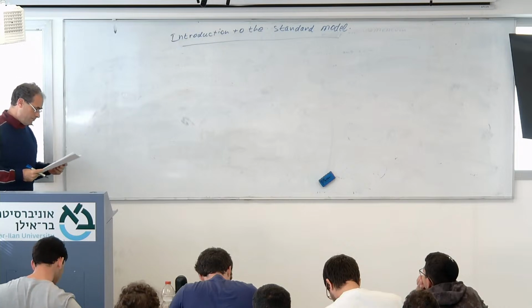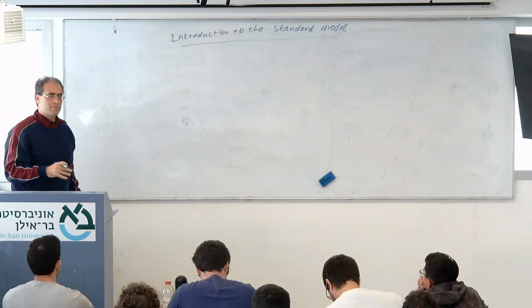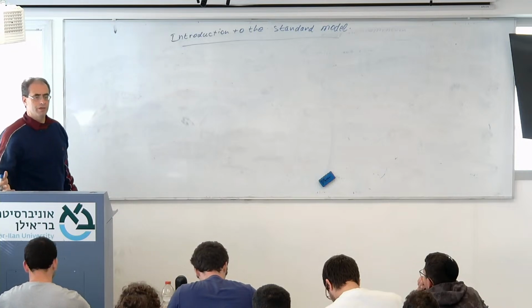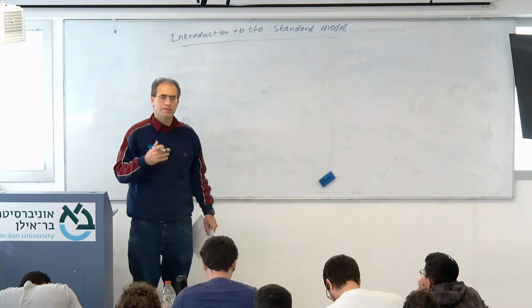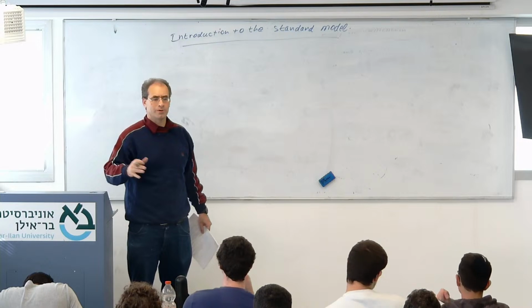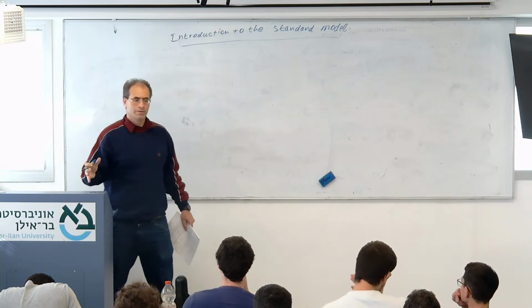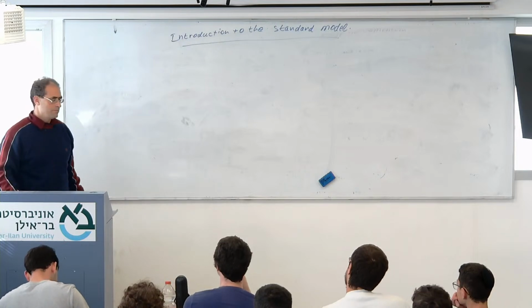Why do we know that? We believe that the standard model is an effective low energy theory, in a way analogous to Newtonian mechanics being an effective theory of relativity when all the velocities are much smaller than the speed of light. When v is much smaller than c, we can use Newtonian physics and we're fine.